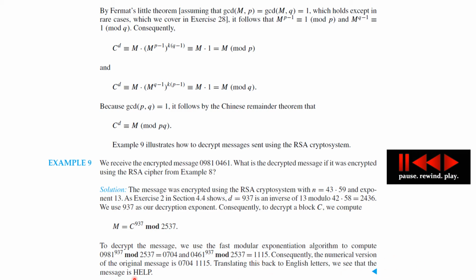Consequently, the numerical version of the original message is this, and translating it back to English, we see that the message is "help." Check these calculations, please.